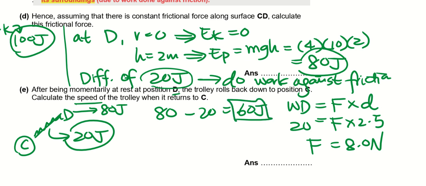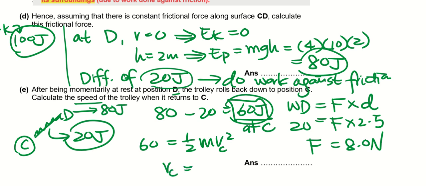So this is the energy that it has at C. At C, it doesn't have any gravitational potential energy, so this is going to be the energy in its kinetic store. So 60 joules equals half mv square at C. So we do our calculation again. Our speed at C is going to be 5.48 meters per second.